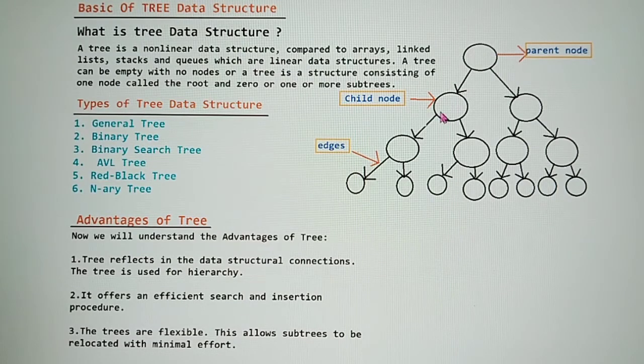Here you can see it is divided into two parts, and these are the child nodes. Because this is the parent node, and these two parts of this parent node are its child nodes, that's why they're called child nodes.